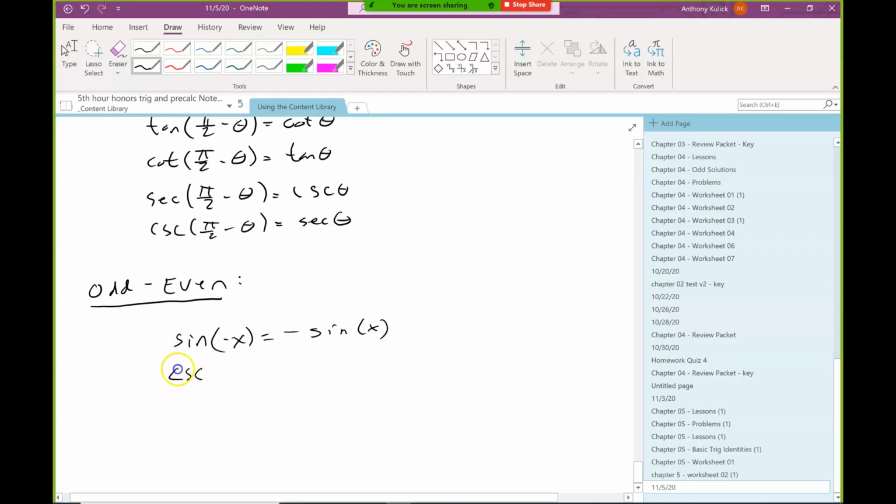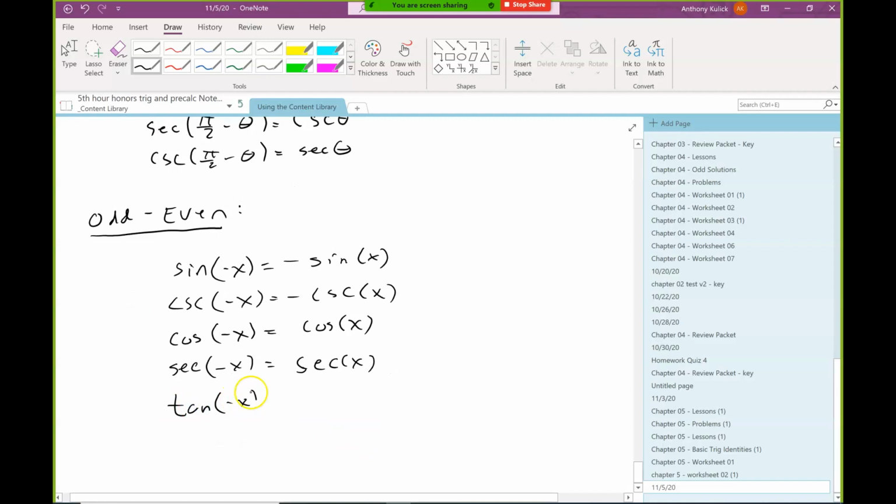Cosine was an even function. That means the negative sign goes away. And since secant is the reciprocal, it's even too. And then if you remember, tangent was sine over cosine, which is odd over even. Odd over even is still odd.